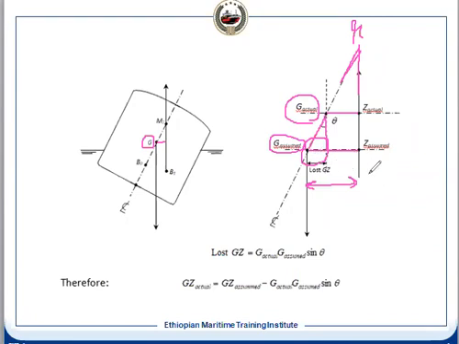In terms of this distance, it will be the distance between G actual and the G assumed multiplied by sine theta. If we have this value, we deduct this, and we get the actual ZZ. So we have the ZZ actual to find out: the assumed from the curve minus this value.